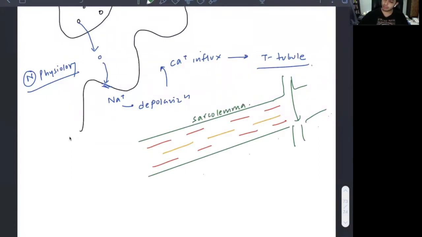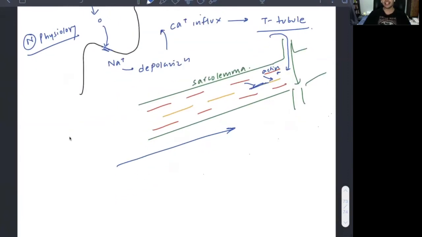So basically, your calcium will enter into your T tubule. It will act on your actin. It will activate the actin, and it will cause the actin to pull itself along the myosin fibers. And so your entire muscle fiber moves. And that is how each individual muscle fiber contracts.